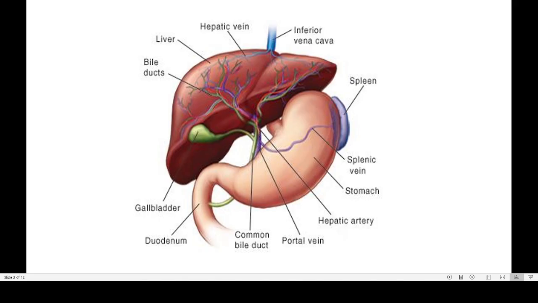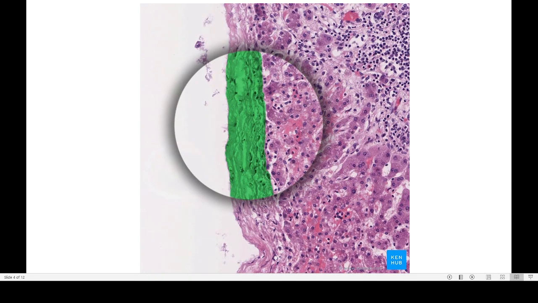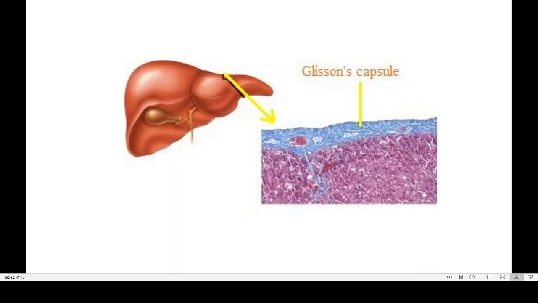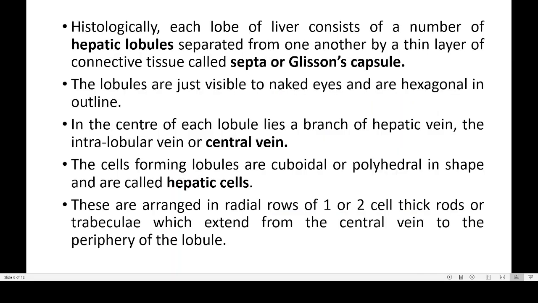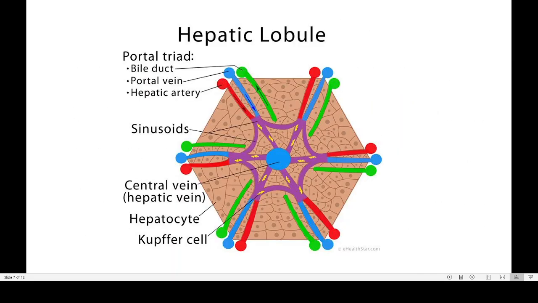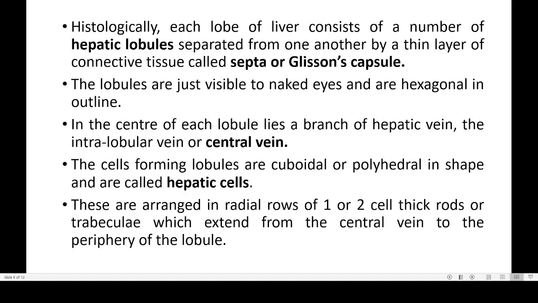And if you cut the liver, you can find this kind of feature, and if you want a closer examination, you can see that the liver has hepatic lobules. The hepatic lobule is one of the primary or basic units of liver structure. The lobules are separated from one another by a thin layer of tissue called Glisson's capsule.